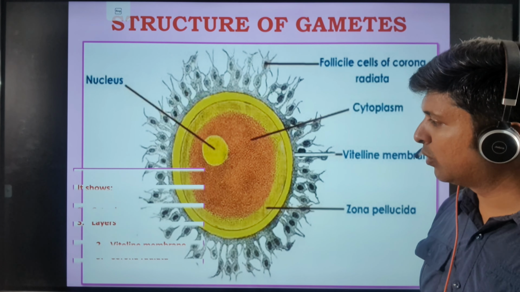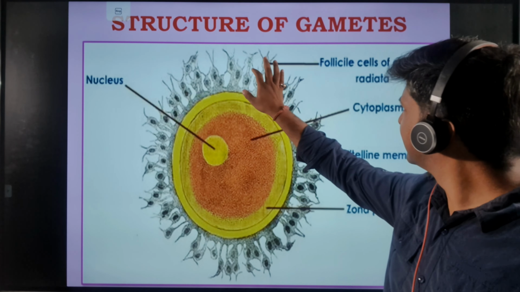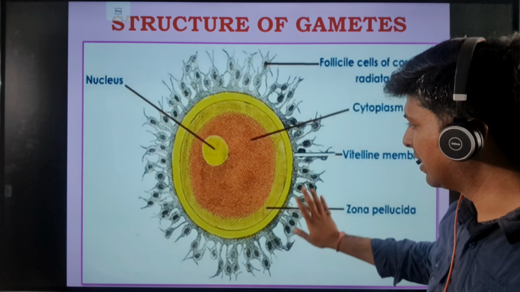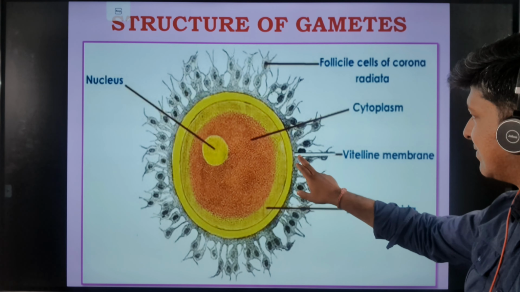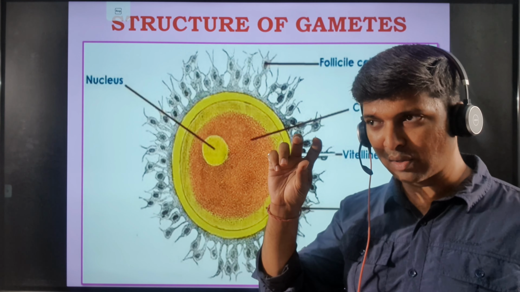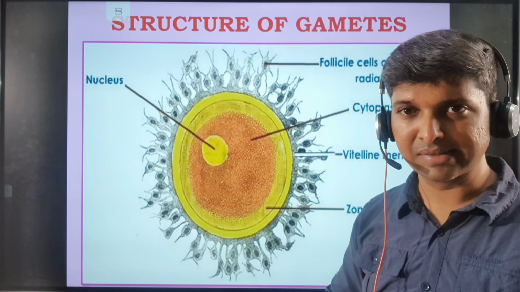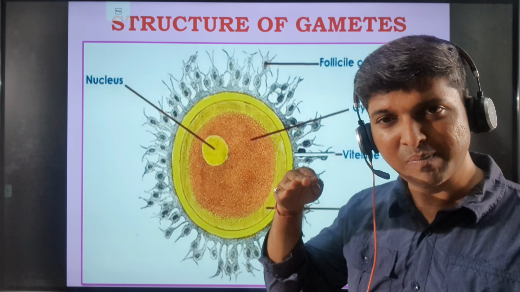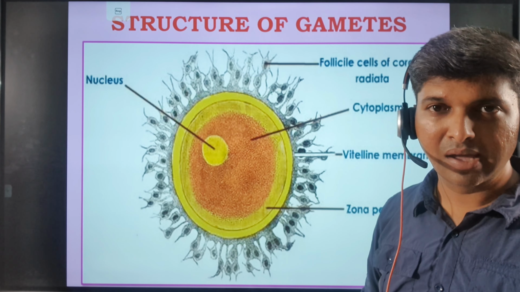Now further discussing this, you can see these are the follicular cells of the Graafian follicle. This is the cytoplasm, this is the vitelline membrane, made up of hyaluronic acid. That's why the sperm head has an acrosome, and in that acrosome there is hyaluronidase enzyme. This hyaluronidase enzyme is able to penetrate the hyaluronic acid layer and enter into the egg.